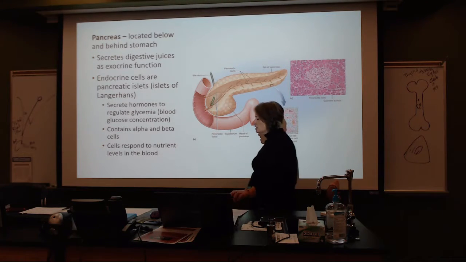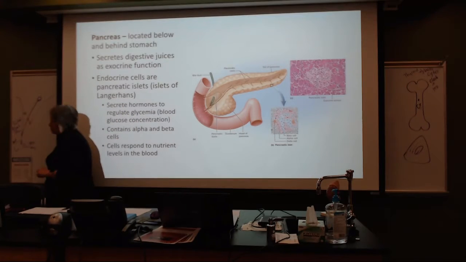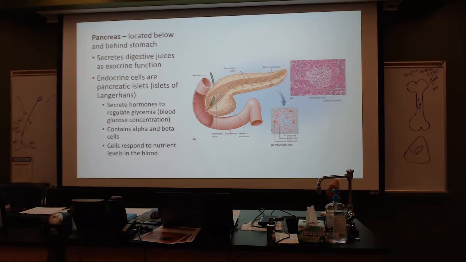Under normal conditions, the cells respond to nutrient levels in the blood, and the insulin gets released. The insulin is the key, so to speak, that unlocks the cells of our bodies to allow the glucose to be used. So that is how it should be normally.